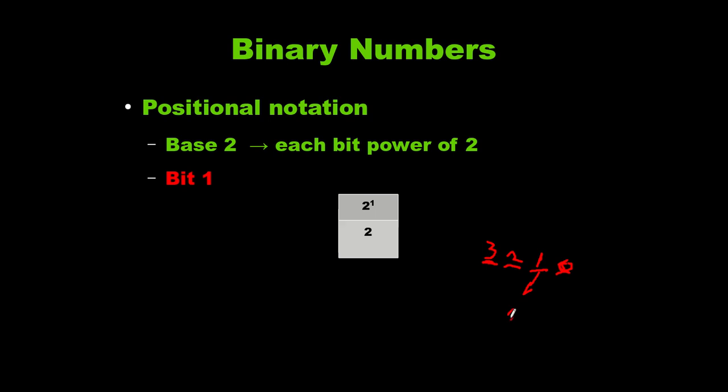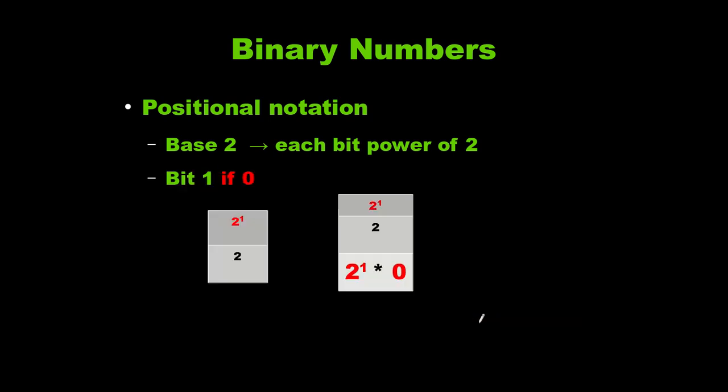2 to the power 1, multiplied by whatever I have in that bit. If I have a 0, it's going to be 0. If I have a 1, 2 to the power 1 is 2, multiplied by 1 gives me a 2.